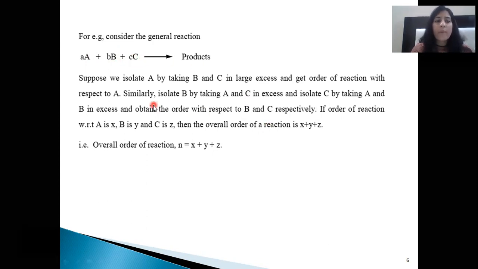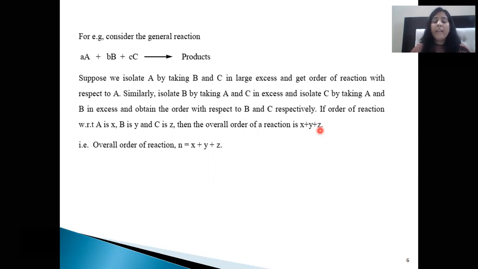Suppose that the order of reaction with respect to A is X, with respect to B is Y and with respect to C is Z. Then the overall order is taken by summing all these orders, that is X plus Y plus Z. So in the isolation method we isolate one of the reactants and take the concentrations of other reactants in large excess so that they remain constant, and we find the order of reaction with respect to the isolated reactant.